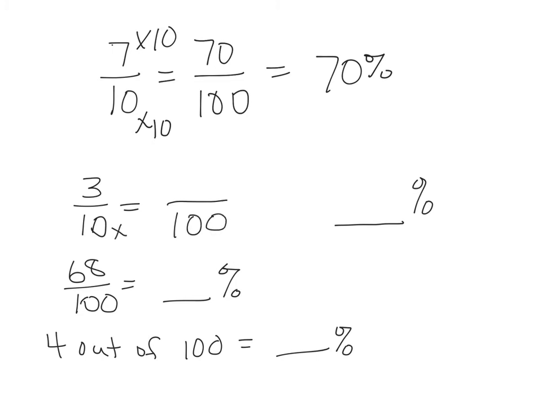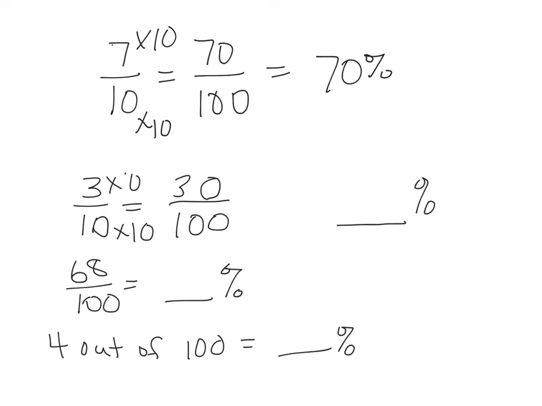That requires multiplying this denominator by 10, so 3 times 10 equals 30, so 30 per 100 equals 30%. 68 out of 100, or 68 over 100, already has my key denominator of 100, so 68 out of 100 is 68%. And 4 out of 100 is simply 4 hundredths, so it's 4%.